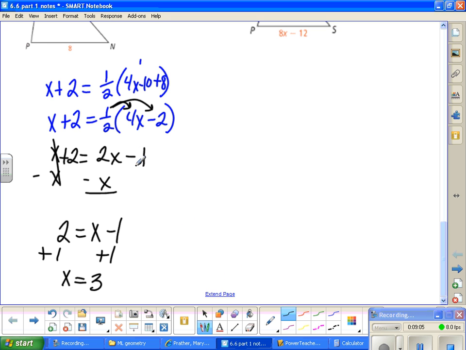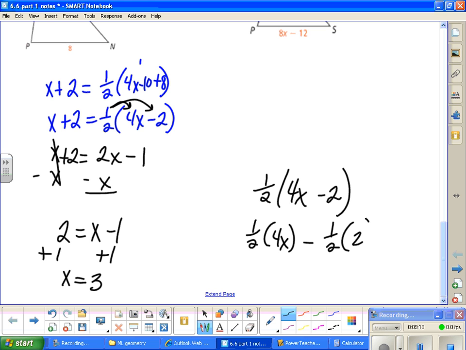Okay, so remember when you're distributing 1/2, the reason it becomes 2x minus 1 is because it's 1/2 times 4x minus 1/2 times 2. And if you put this in your calculator, what this is really saying is 1/2 times 4 over 1, which is 4 over 2, which is 2.